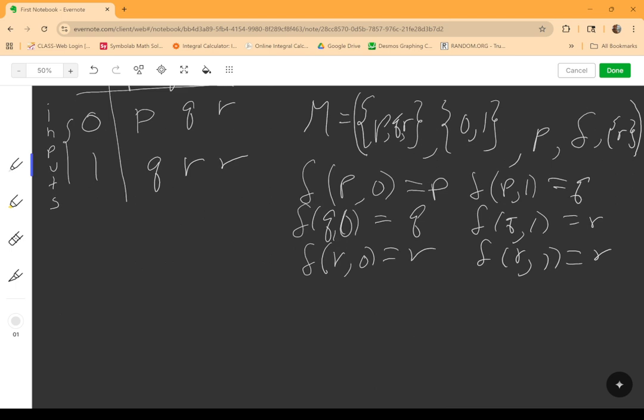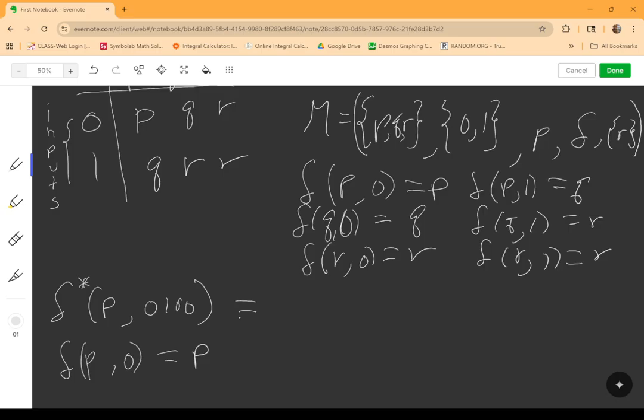Now for the star one. Here we want delta star of P, 0, 1, 0, 0. Don't let that star confuse you here. It just says we'll start with our function, with that first input being 0.